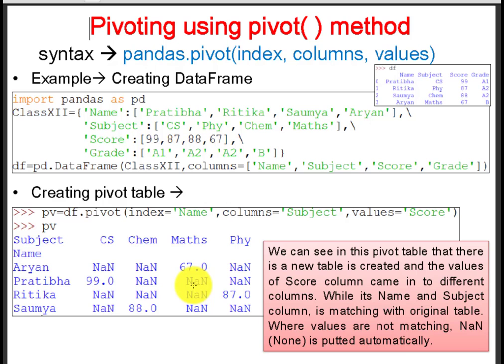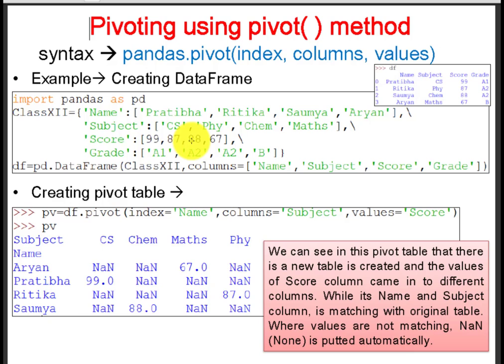So this is the pivot table. I think you all understood how to create a pivot table from the data frame. So that table is a new table, a pivot table, and it is always created with the help of the data frame.